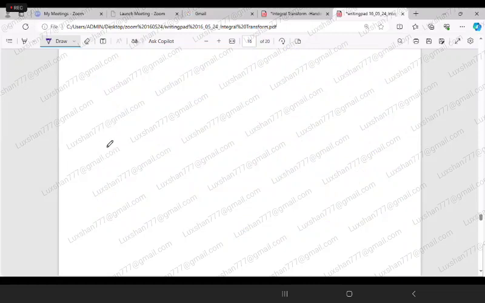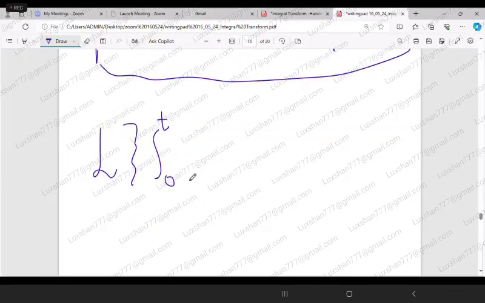So for this one, consider the Laplace transform of the integral from 0 to x of x to the power m minus 1.